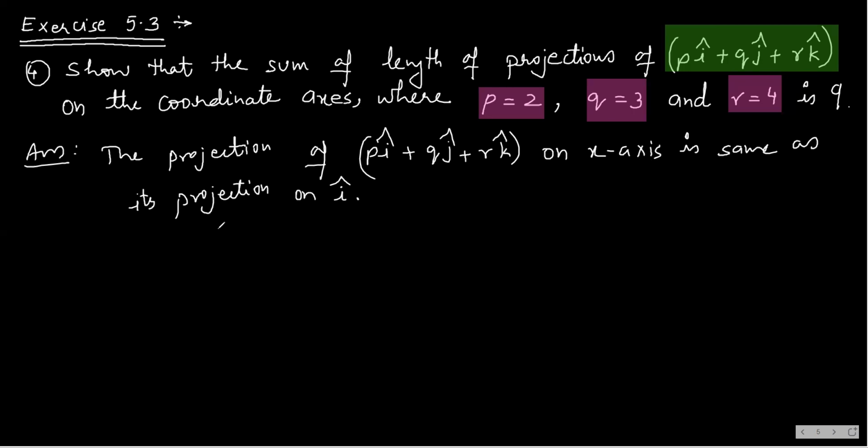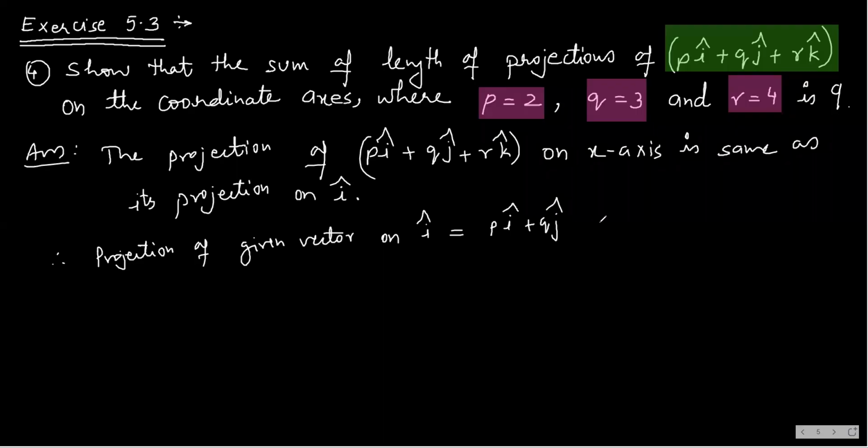Okay, so I will write here, therefore the projection of the given vector on I cap, what will that be equal to? You know it, this vector is pi cap plus qj cap plus rk cap dot I cap upon mod of I cap by the formula.